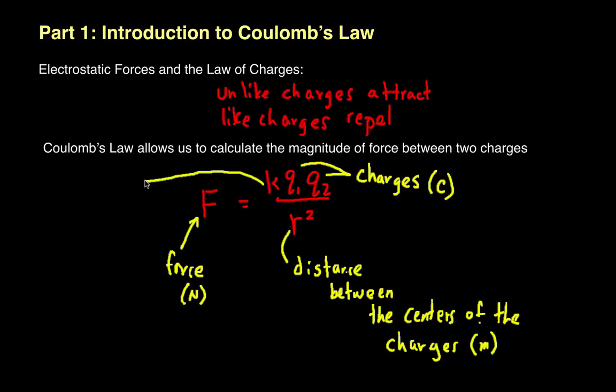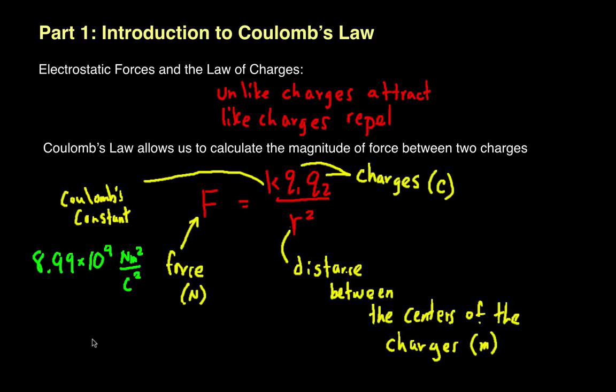And K is a value called Coulomb's constant. The value for Coulomb's constant is 8.99 times 10 to the 9 newton meters squared per coulomb squared.